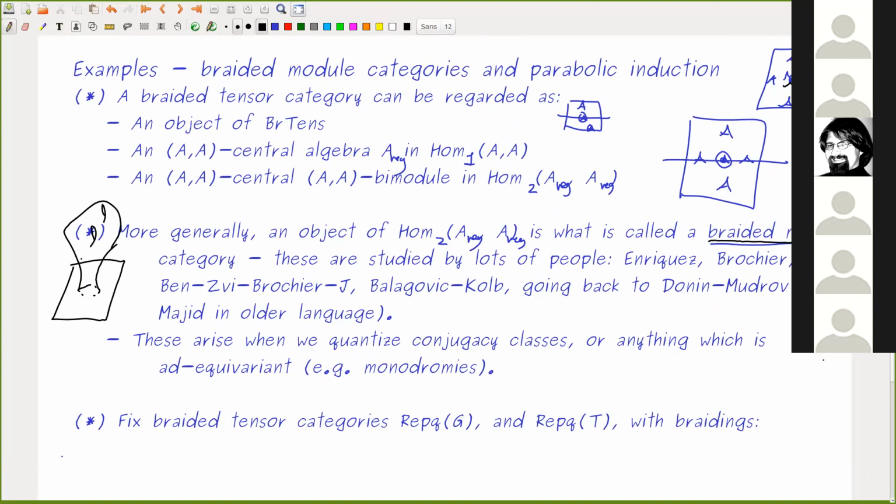Any kind of categorical invariant that we assign to this surface gives us an example of a braided module category. So we have A surrounding it. We also have A in the surface as well, but we just put that out of our minds, and we think that the category associated to the surface is a braided module category. That's an important picture to keep in mind.